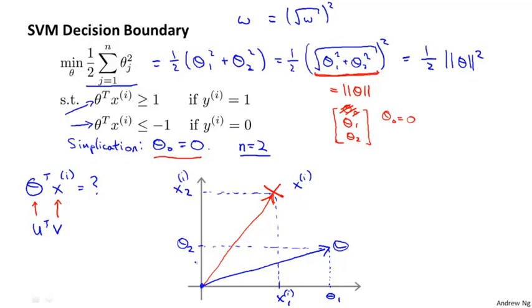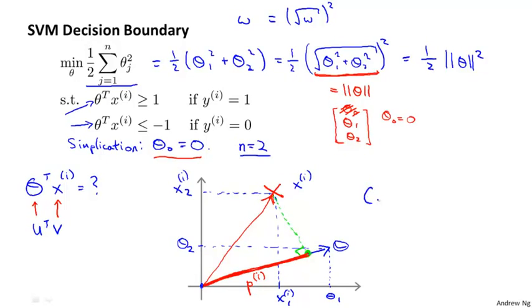Using our earlier method, we take my example and project it onto my parameter vector theta, and then look at the length of this segment I'm coloring in red, and call that P superscript i to denote that this is a projection of the ith training example onto the parameter vector theta.